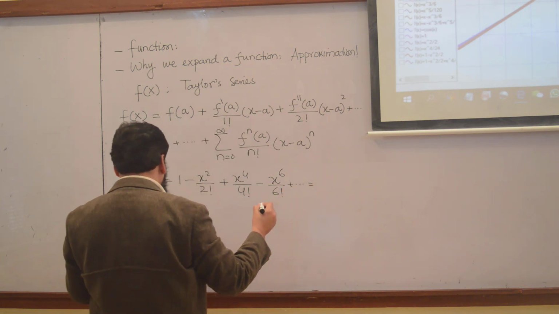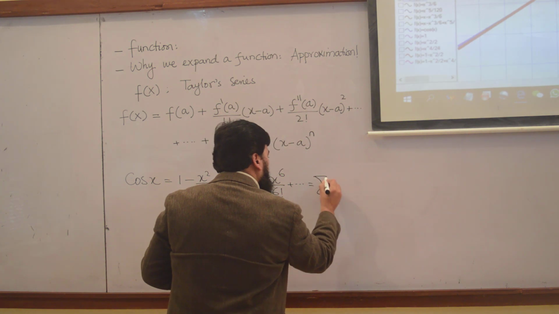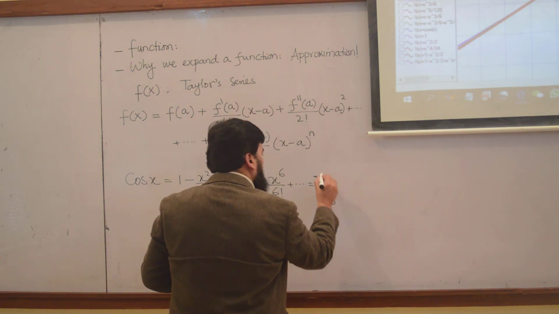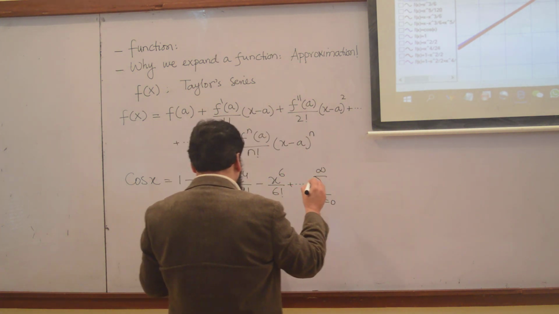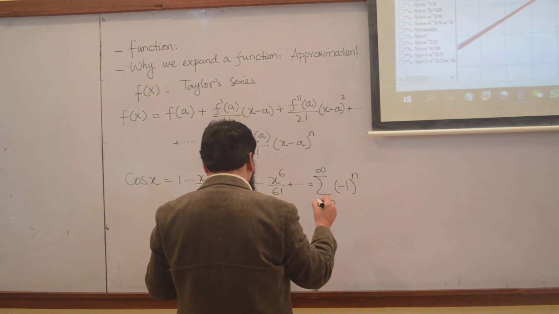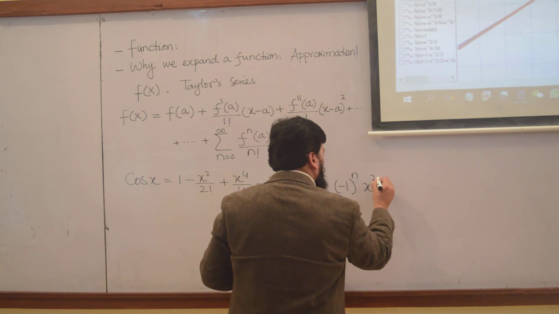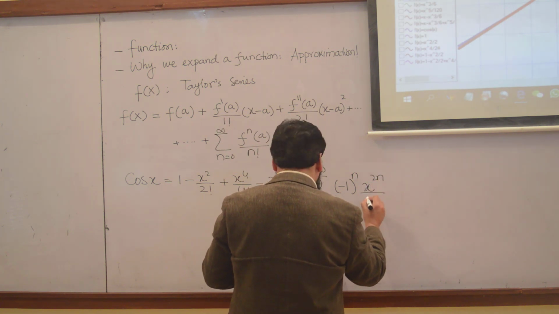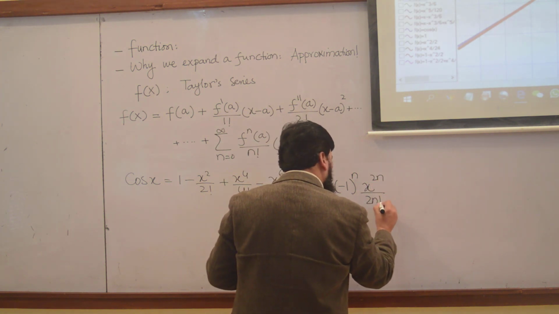And the nth term I can write as summation, n runs from 0 to infinity, of minus 1 to the power n, x to the power 2n divided by 2n factorial.